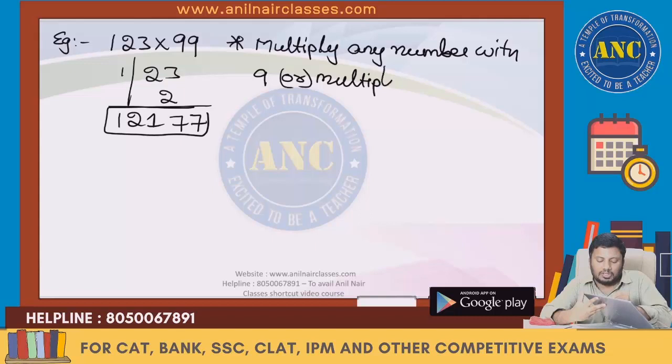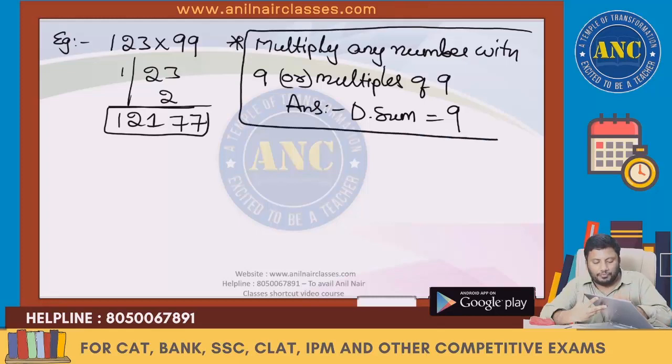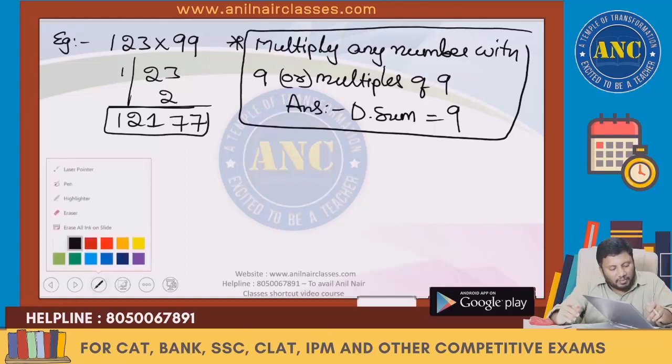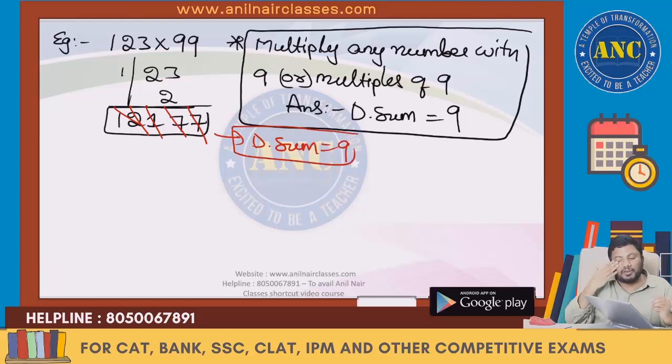The answer's digital sum will always be 9. 99 is a multiple of 9.